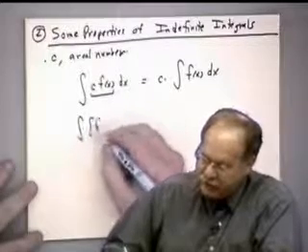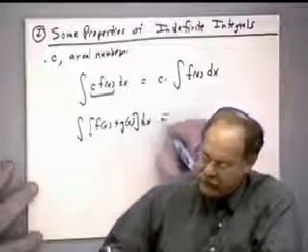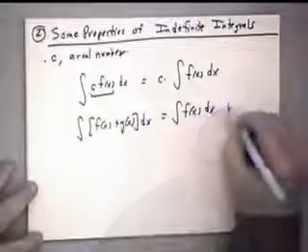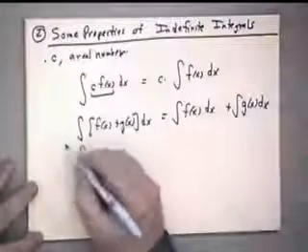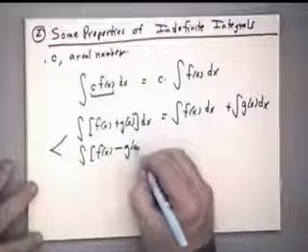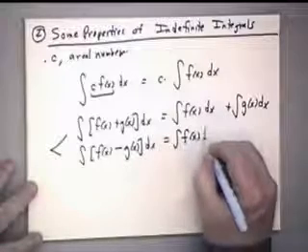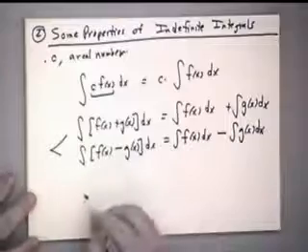If you take the indefinite integral of f of x plus g of x dx, then that's the same thing as doing them separately. The indefinite integral of f of x plus the indefinite integral of g of x. And likewise, these two go together. If it's f of x minus g of x, the same rule holds. It's the indefinite integral of f of x minus the indefinite integral of g of x.